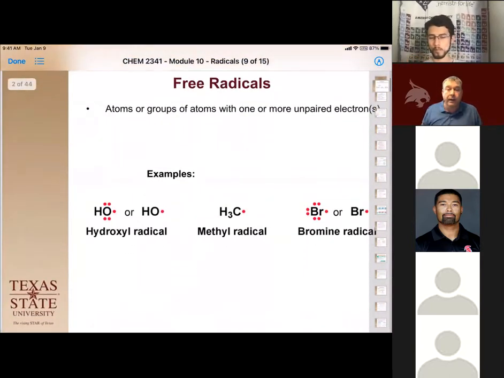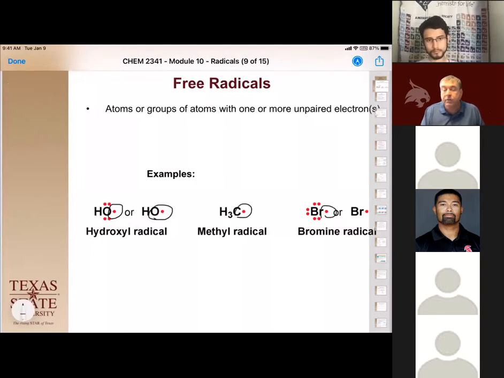Okay, so let's define radicals. Radicals, or free radicals, are any atom, group of atoms, or molecule with 1 or more unpaired electrons. Okay, so you can actually have 2 radicals on the same compound. The key is that they are unpaired. Okay, this unpaired electron right here, look at our Lewis dot structure here.